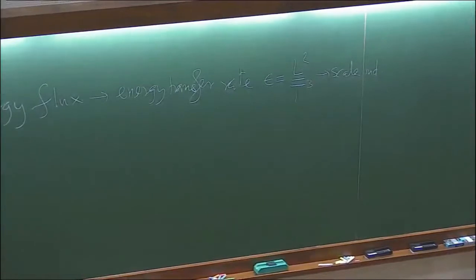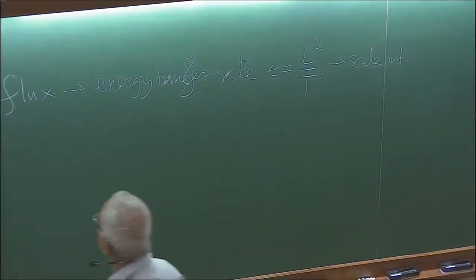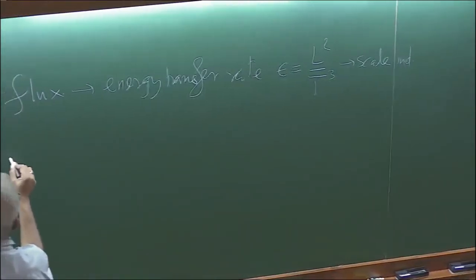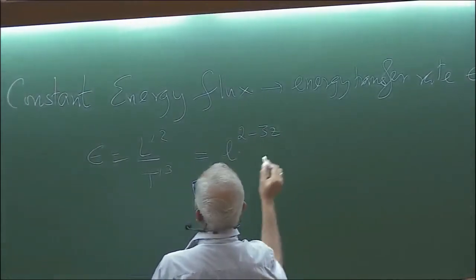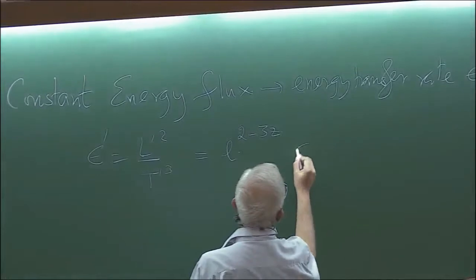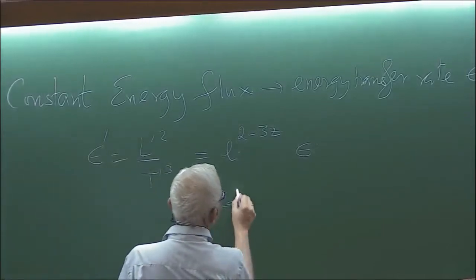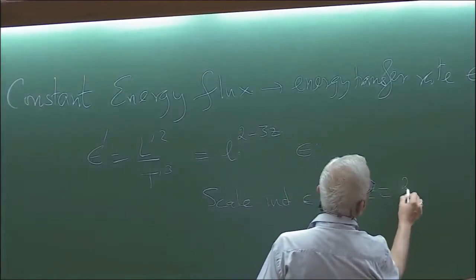So epsilon is scale independent. So if I do rescaling, then epsilon, when it is L prime squared over T prime cubed, would go to L to the power 2 minus 3z epsilon prime at a different scale. For scale independent epsilon, z equals 2 by 3.